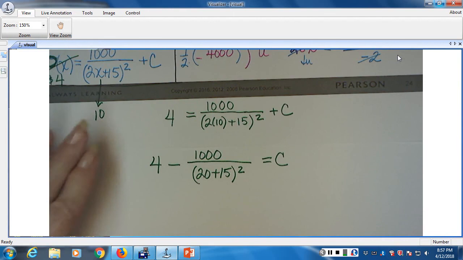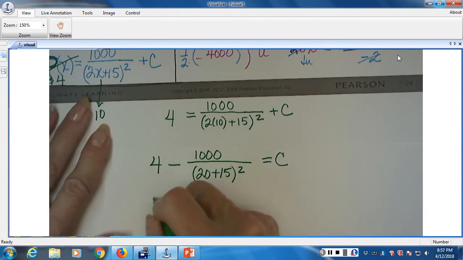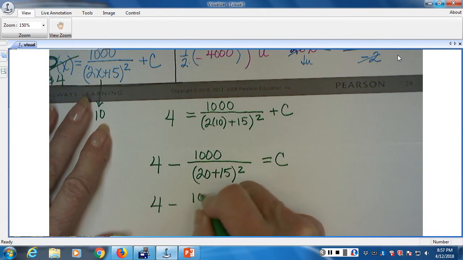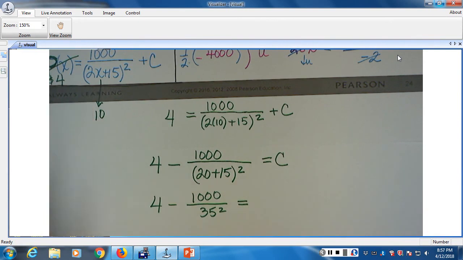And at this point, most of us would probably hit our calculators because I don't want to square 35 in my head. But if I did the math right earlier, then 1,000 over 35 squared is about 82 cents. Okay?